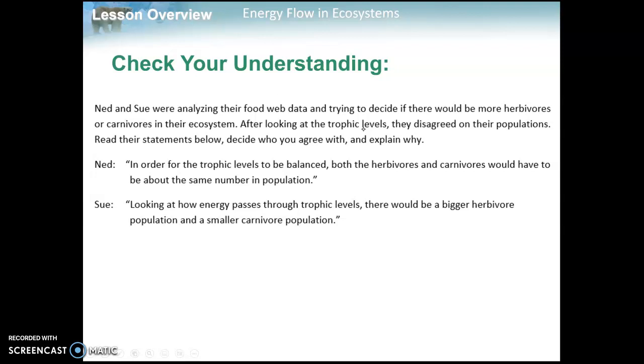Ned says, in order for the trophic levels to be balanced, both herbivores and carnivores should have about the same number in the population. Sue says, looking at how energy passes through trophic levels, there would be a bigger herbivore population and a smaller carnivore population. So who's correct here in their thinking?